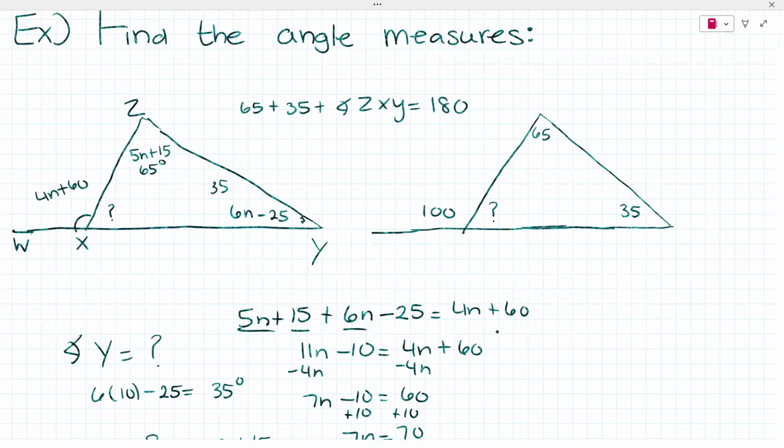So 65 plus 35 is 100, plus angle ZXY is equal to 180. Subtract 100. Angle ZXY is going to be 180 minus 100 degrees.